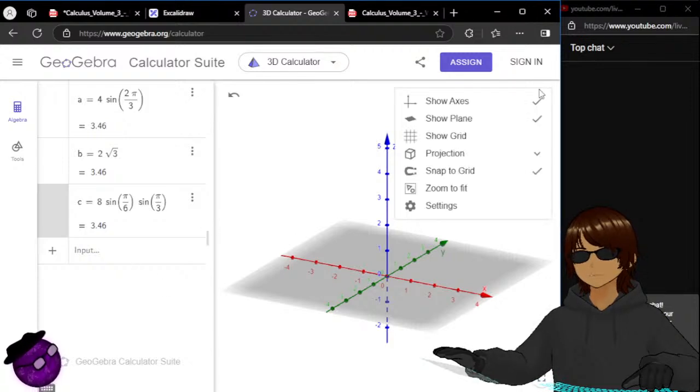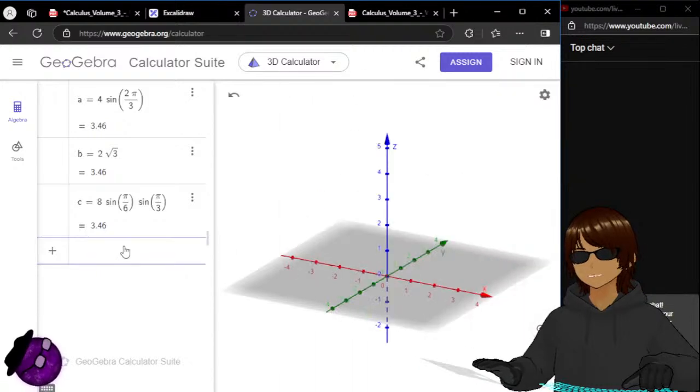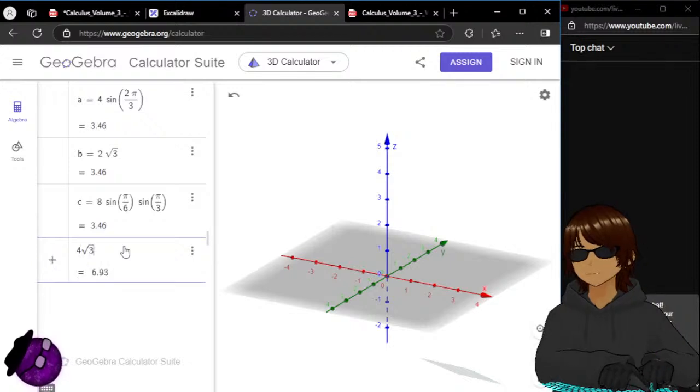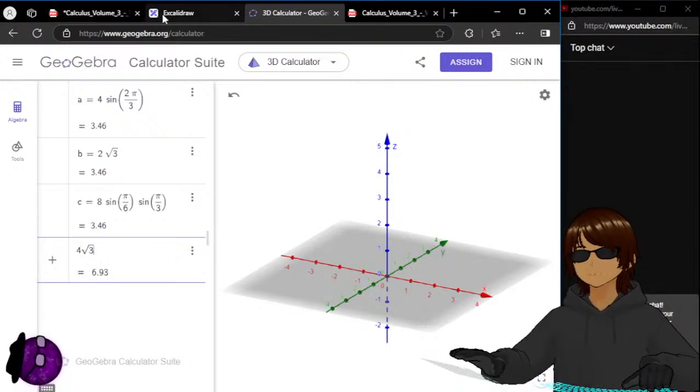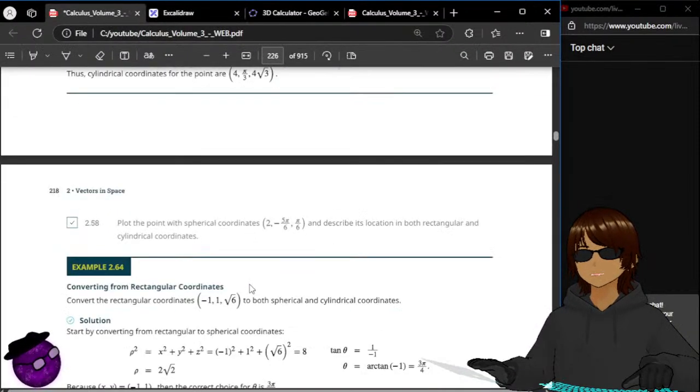So z is 4 square root 3, which is 6.93. Yeah, it's correct.